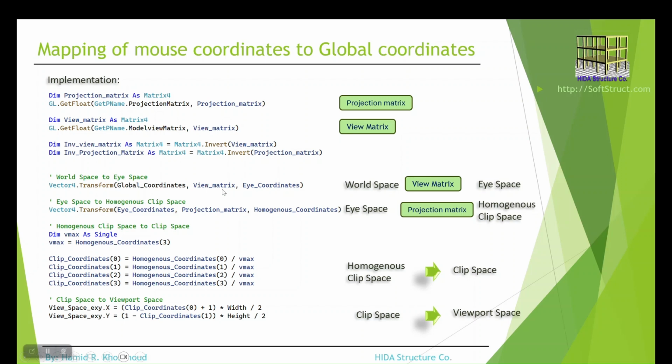Then multiply the view matrix and projection matrix by our coordinates point vector to transfer world space to eye space, and then the homogeneous space accordingly. In the next step, we can normalize our vector by dividing its components by the last component of the vector and transfer homogeneous clip space to clip space. Finally, we can transfer the clip space to viewport space by using two simple equations.